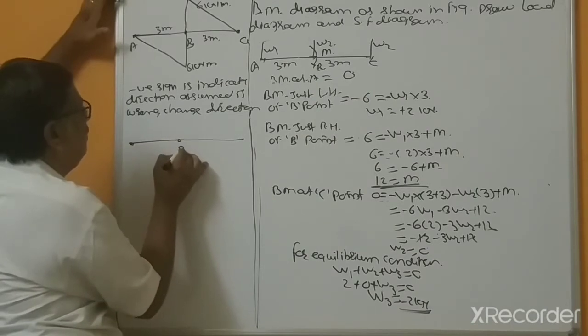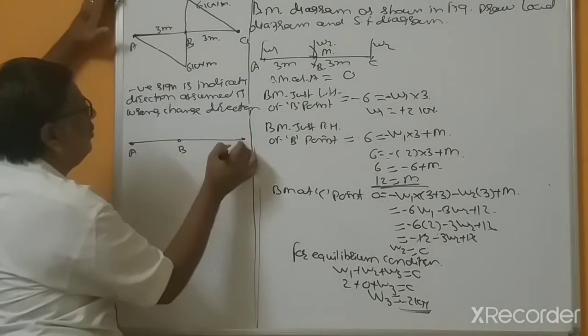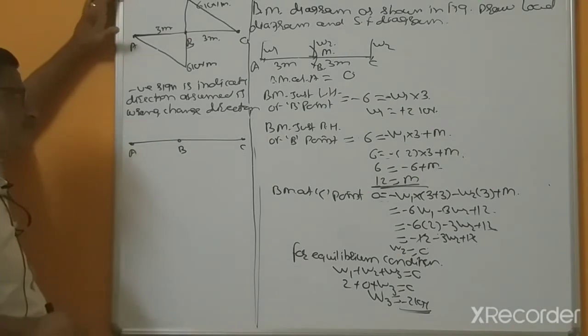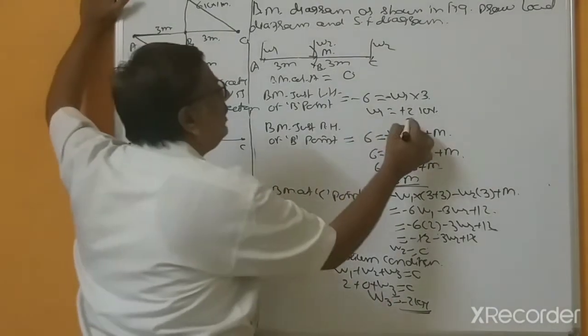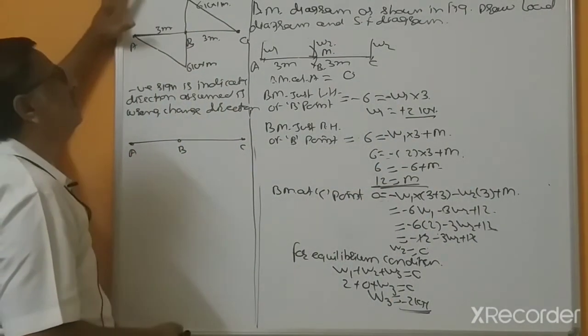A point, B point, C point, W1 equal to plus 2 kilonewton.